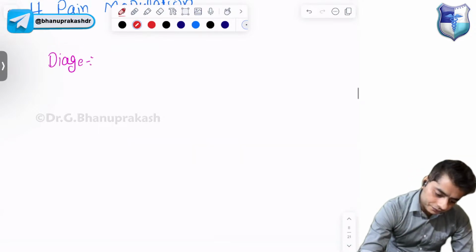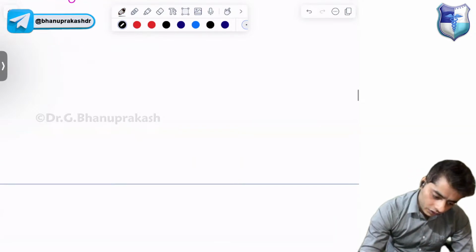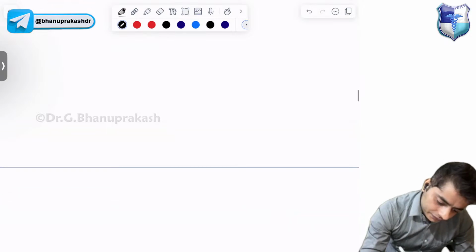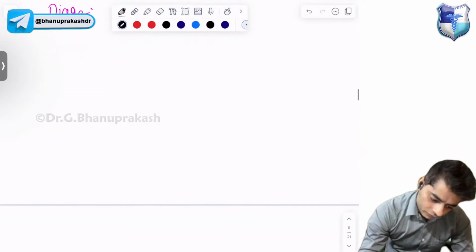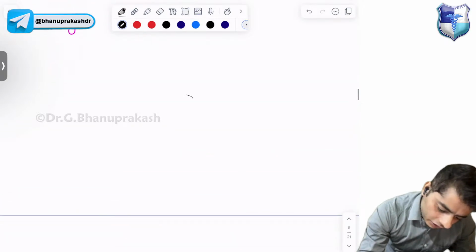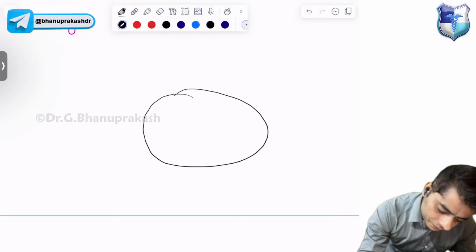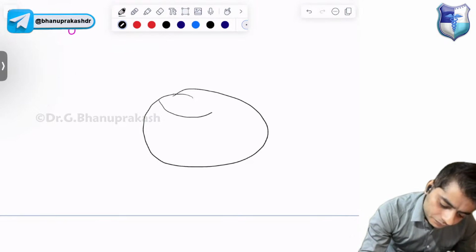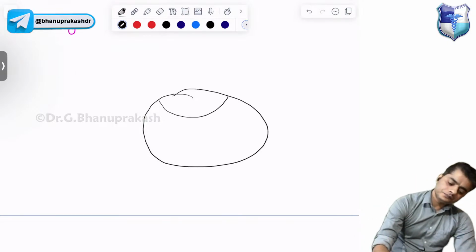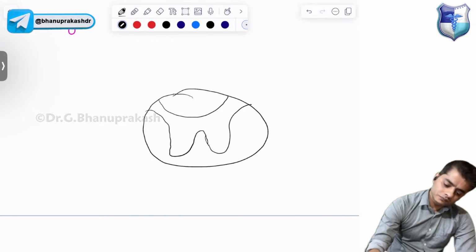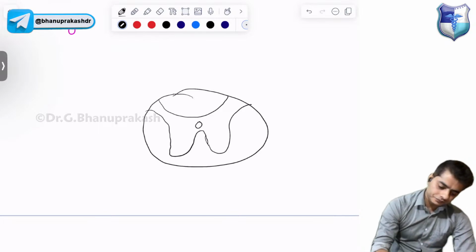So now suppose this is my spinal cord, the center of canal.